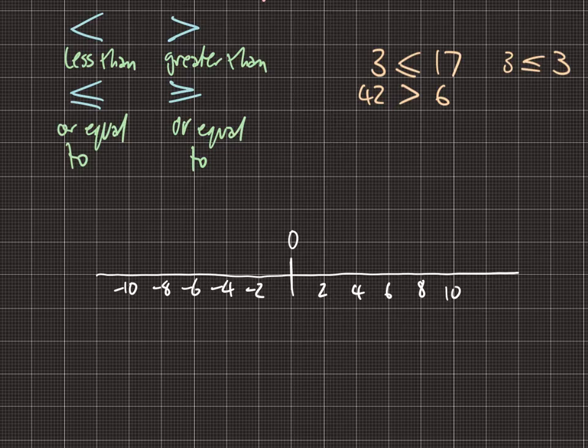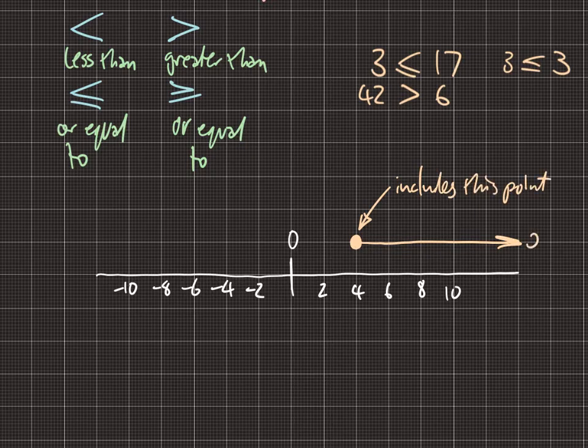And then there are all sorts of different sets of numbers that we can define on that number line. So let's just have a look at a couple. So if we had a set of numbers that started here and then went this way, so this filled in circle here means it includes that point. So it includes this point.